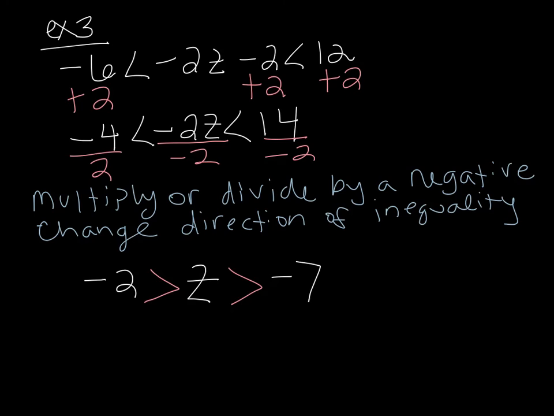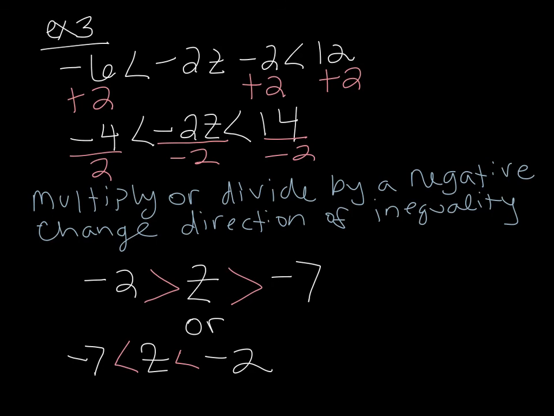If that is hard for you to think about, you can also rewrite this another way. We could say that negative 7 is less than z, which is less than a negative 2.